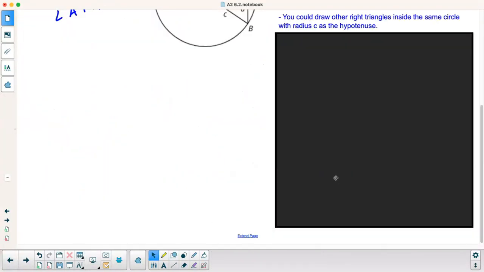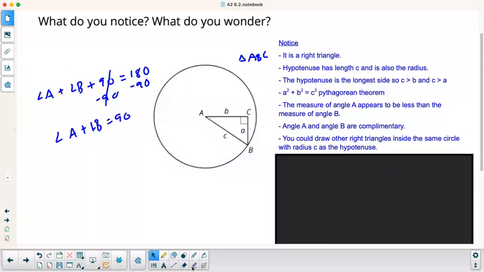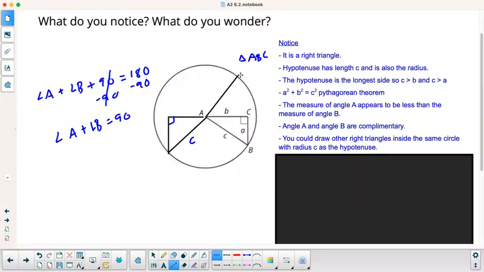You could draw other right triangles inside the same circle with radius C as the hypotenuse. So if I go here, here's my right triangle. I could draw another right here. Same idea here, we have the same radius, so that's C. And maybe draw one up here.